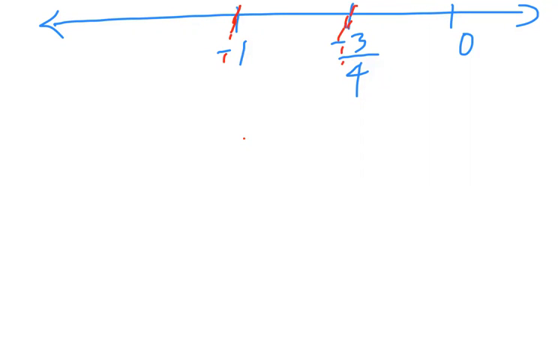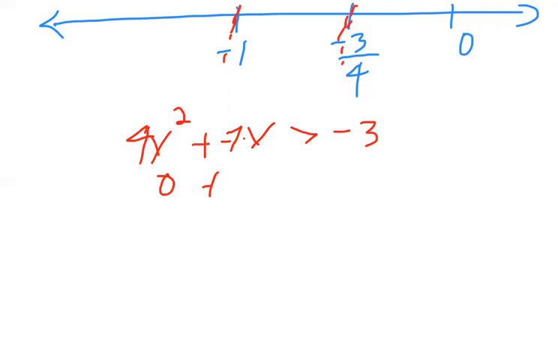And of course, guys, whenever you're testing these, the best number, unless it is a critical value to test with, is 0. So I'm going to take the 0 and go back into the original problem, which I erased, of course, and plug in the 0 to see what happens, guys. So if I plug in 0 for every single term, this term is going to cancel out. This is going to cancel out. So what am I going to be left with? 0 is greater than -3.